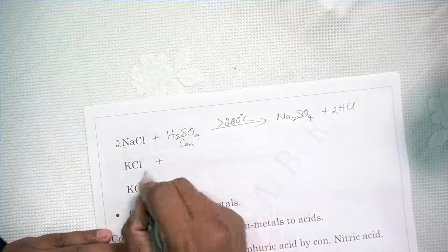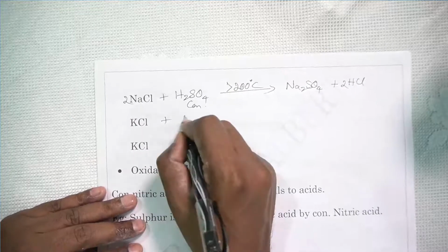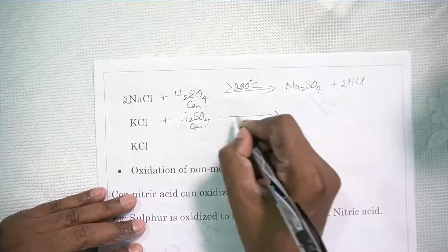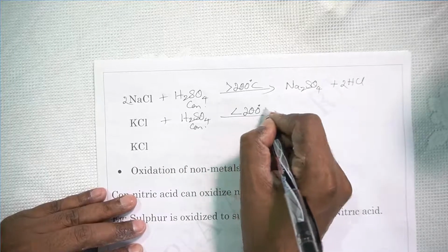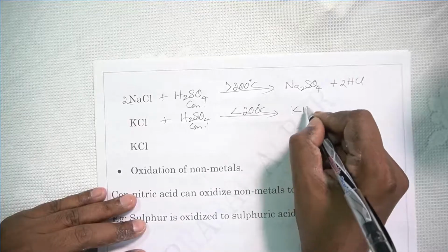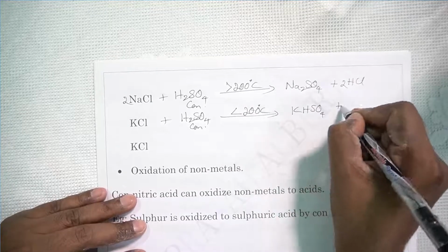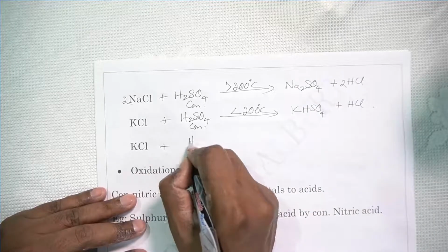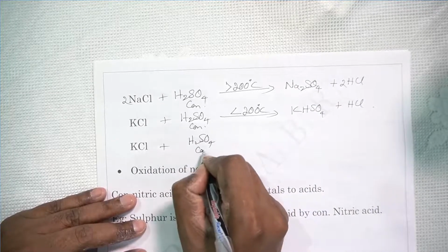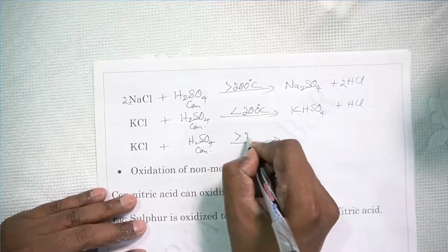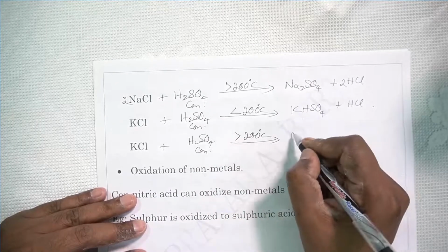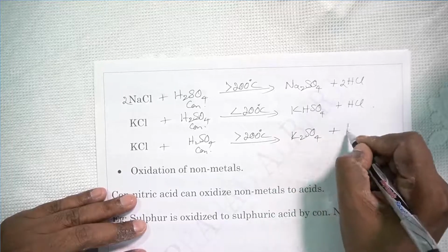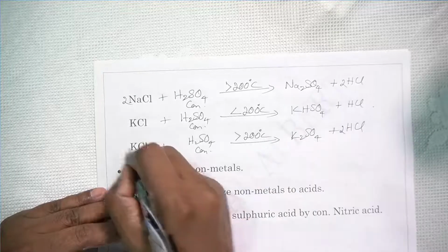Similarly, potassium can be taken, KCl, potassium chloride, and concentrated sulfuric acid. Again, first we take less than 200 degrees Celsius, and you get KHSO4 plus HCl. Same way, KCl plus concentrated H2SO4 again, heated above 200 degrees Celsius, and here you have K2SO4, potassium sulfate, and HCl, 2 HCl and 2 KCl.